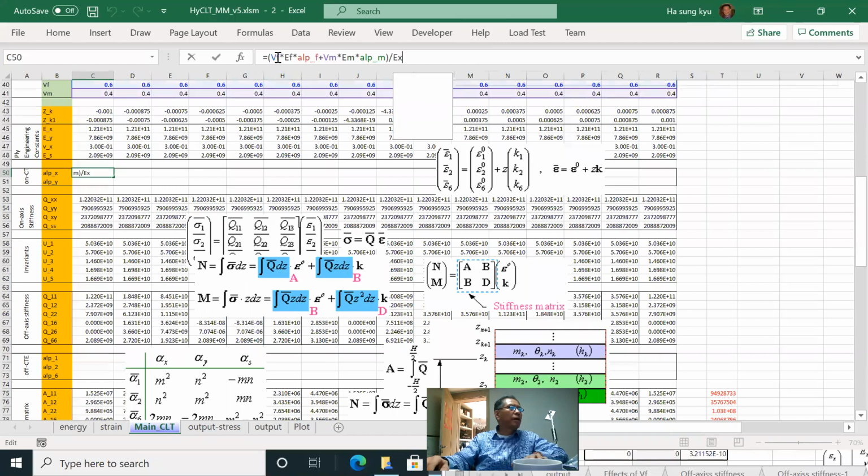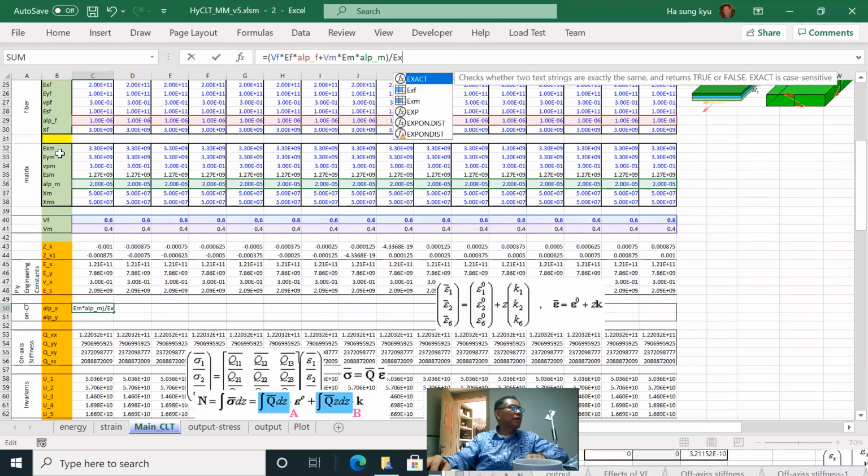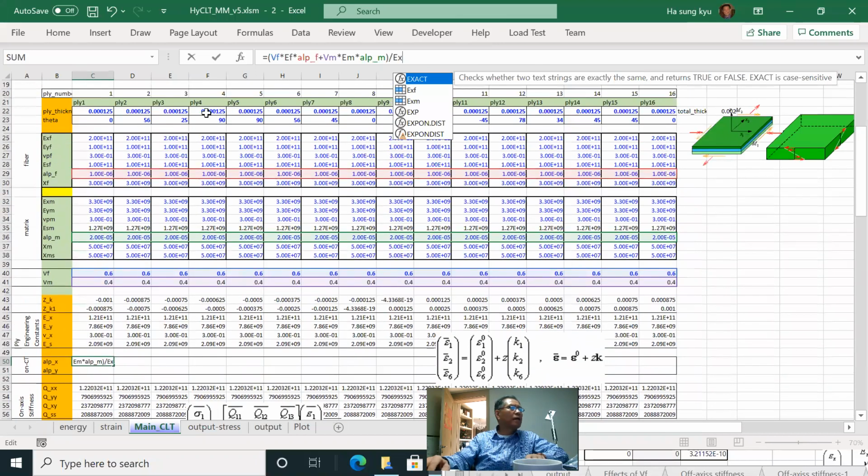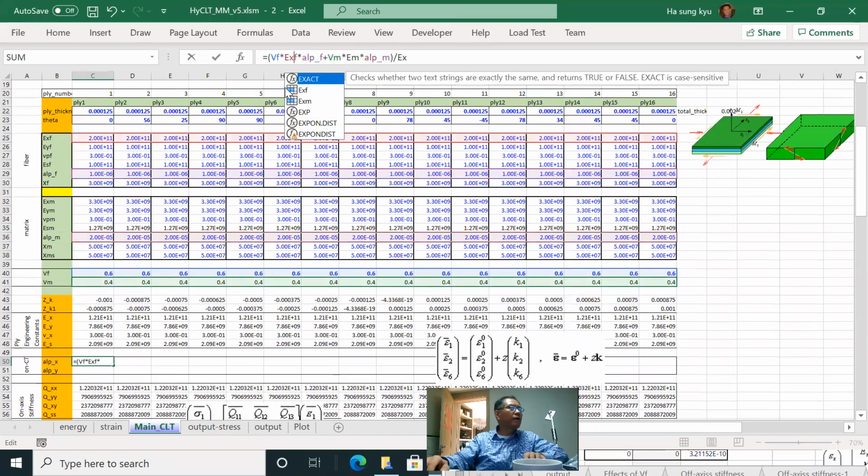I'm going to copy, but need to be careful. We have EXF, and instead of EM, we have EXM. Well, matrix is usually isotropic, but we distinguish them, so EXM.